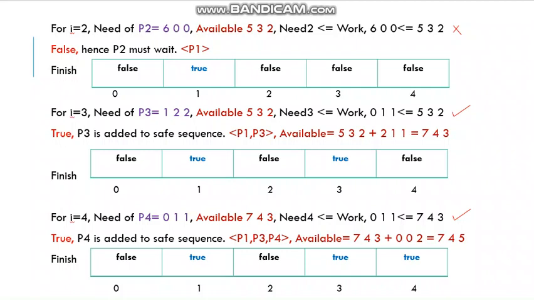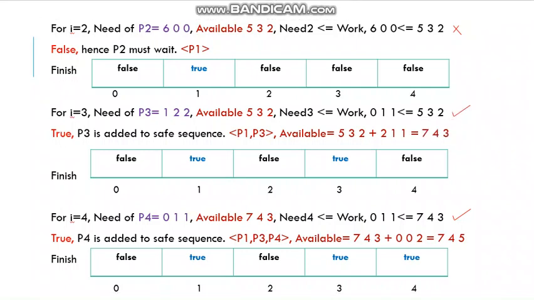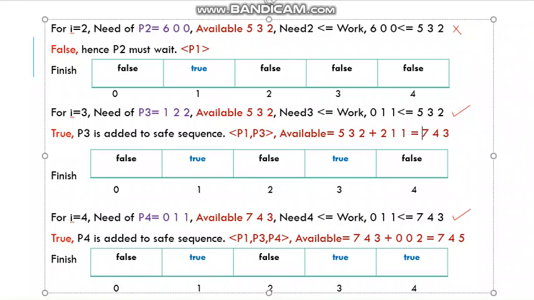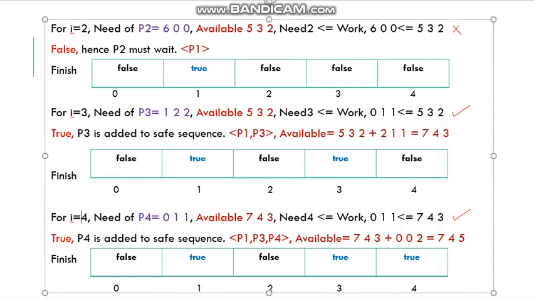So 532 is now updated to 743. Now again the finish is updated. The third process is true because it has been executed. Then the fourth process; the loop will continue till the end of the processes.